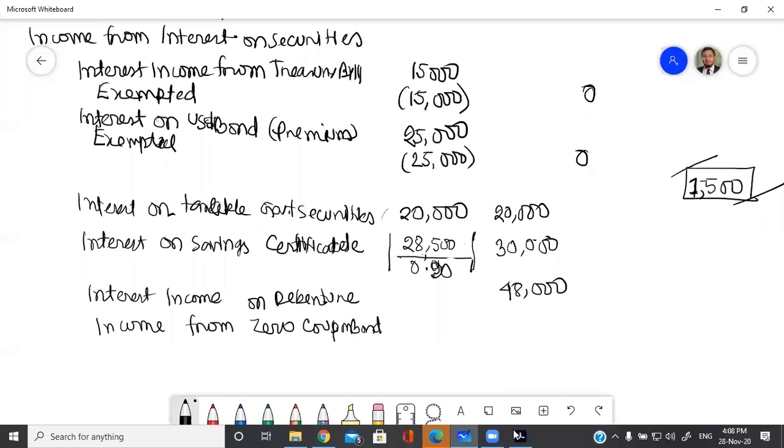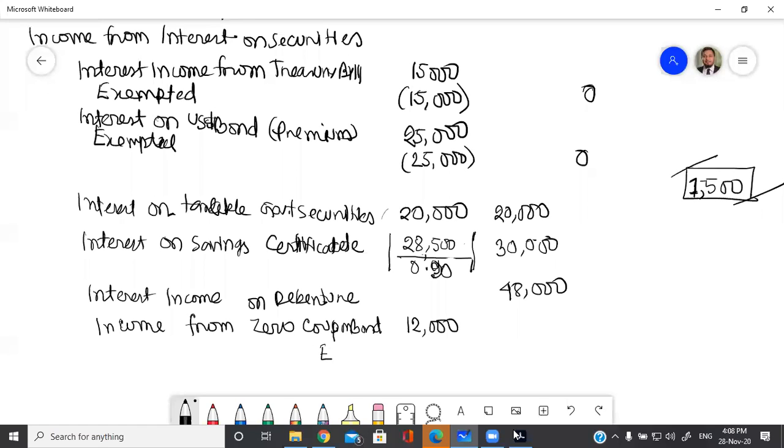But this 12,000 income has been available in which form to the assessee? Capital gain. So income from zero coupon bond is also to be included in the income from interest on securities, but remember that income from zero coupon bond has been made tax exempted.